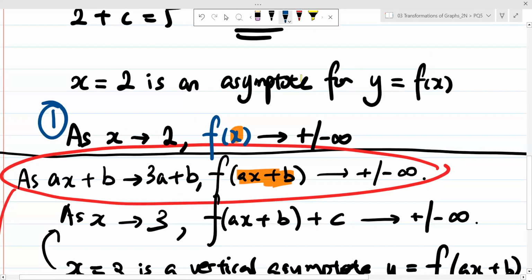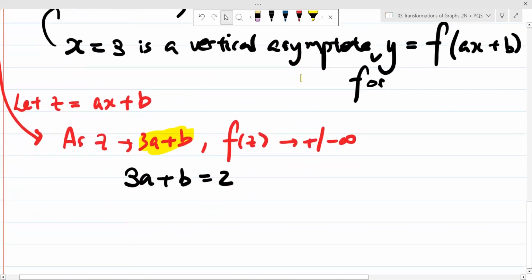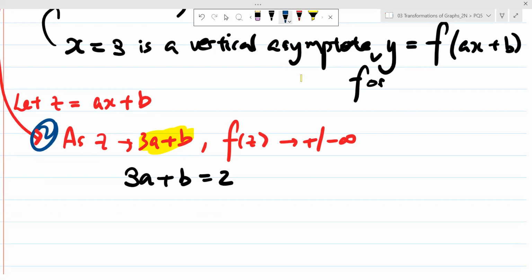So now I have two things here. Number one, f of x is going towards plus minus infinity as x goes towards 2. Number two, whether I say z or x here doesn't matter, it's just a placeholder. So f of x approaches plus minus infinity as x approaches 3a plus b.